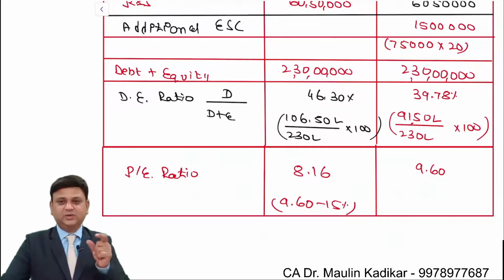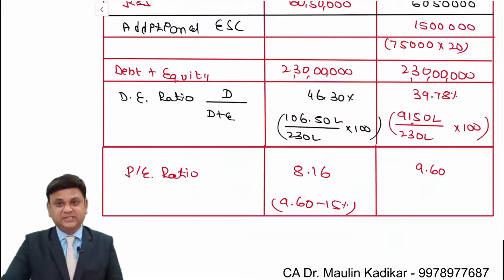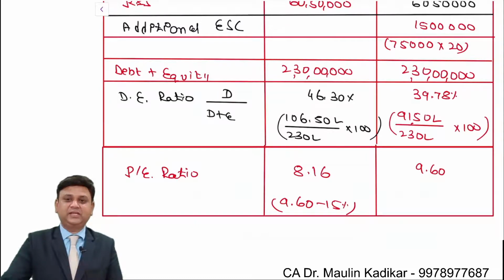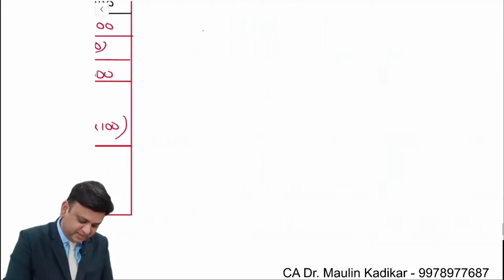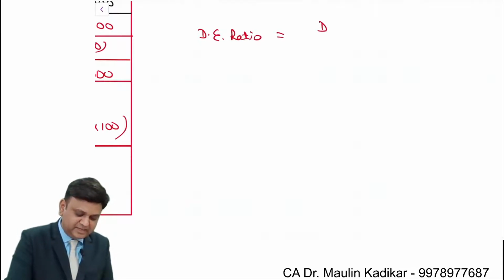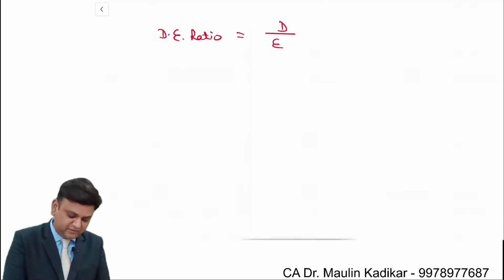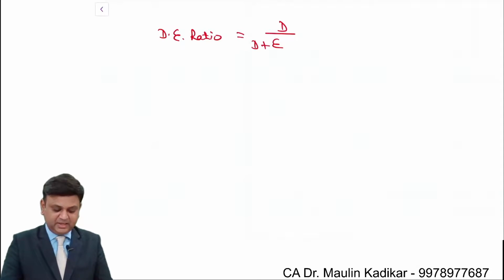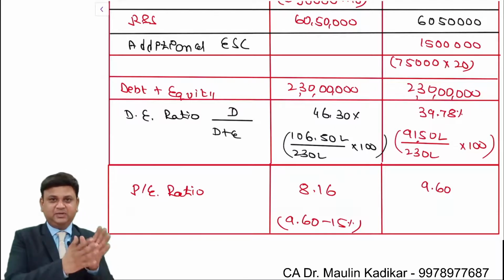There is one query: why are we using debt plus equity as the denominator and not only equity for calculation of the debt equity ratio? The student is asking that when we compute the debt equity ratio, normally we use the formula debt upon equity. So why do we have a formula like this here? The first thing to understand is that we are working for a company.